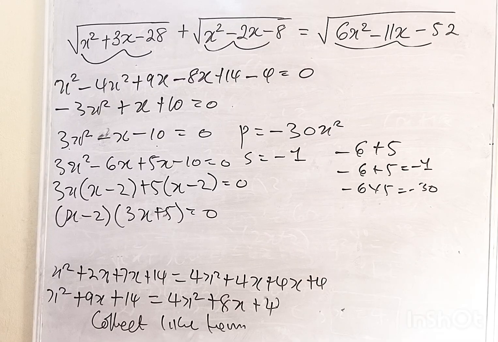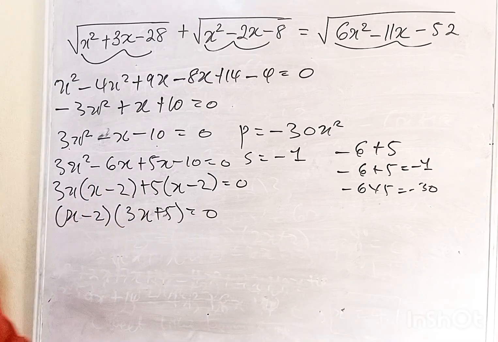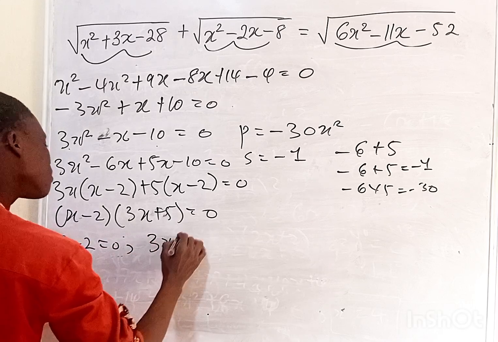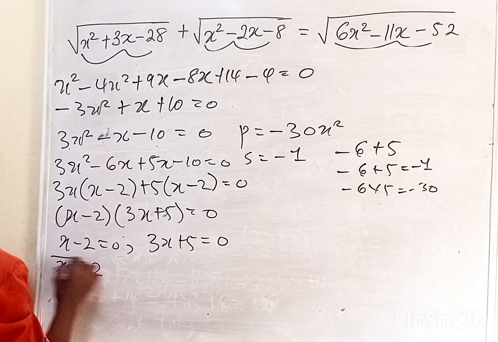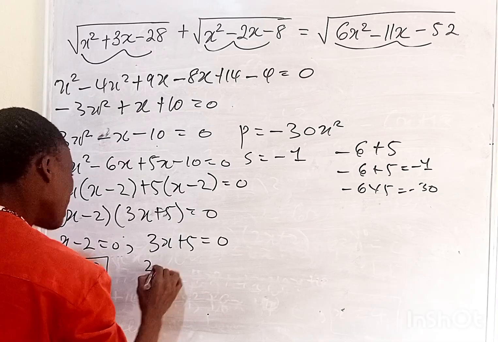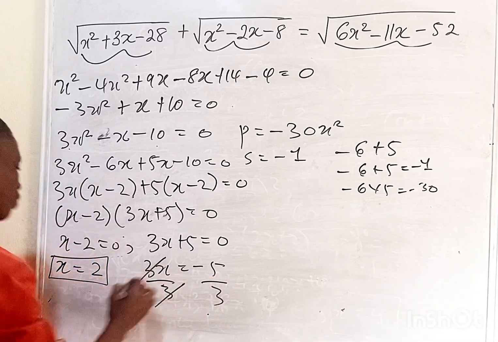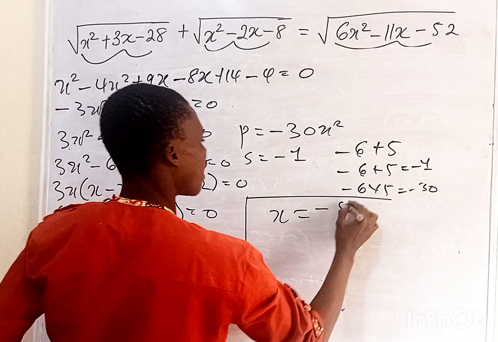So we have to set one of them equal to 0 and set the other equal to 0. So x minus 2 equals 0, and 3x plus 5 equals 0. So x equals 2, which is our second solution, and 3x equals negative 5. So if we divide both sides by 3, 3 cancels 3. We found out that x equals negative 5 over 3.